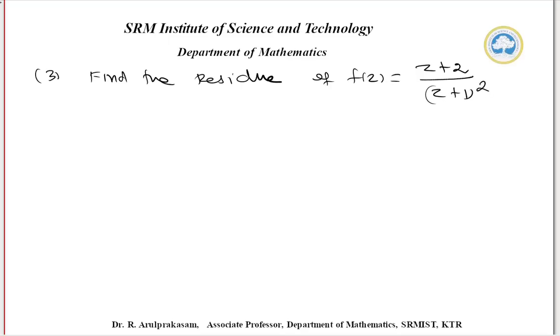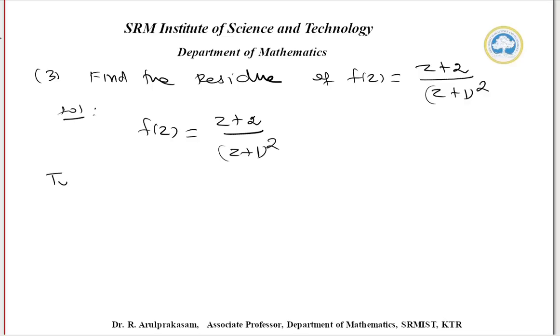So the same method we can follow. First, what is the function? My solution we can solve like this. My function f of z is equal to z plus 2 divided by z plus 1 whole square.